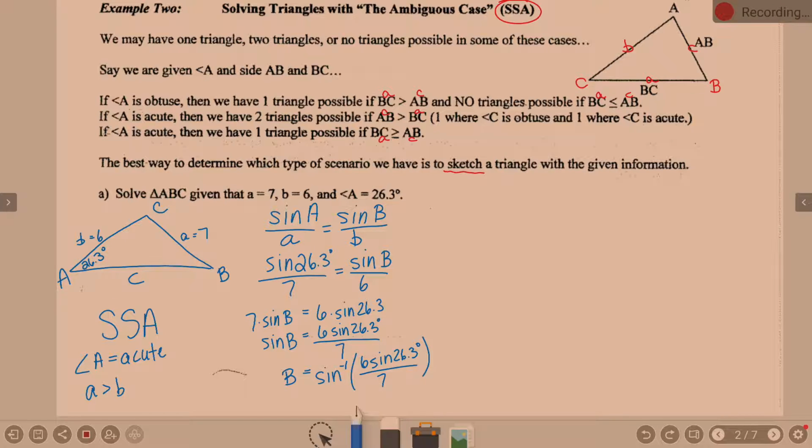So on the problems when you're provided the sine of some letter, instead of sine B, to get B equals, you're taking that input and the output and flipping them. And that is the sine inverse function.